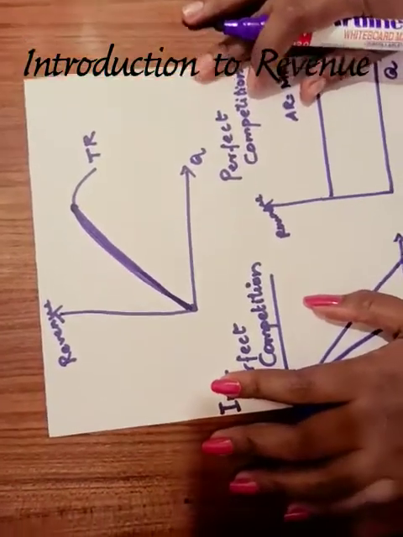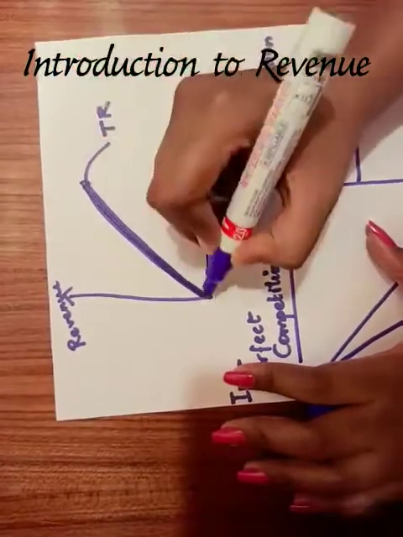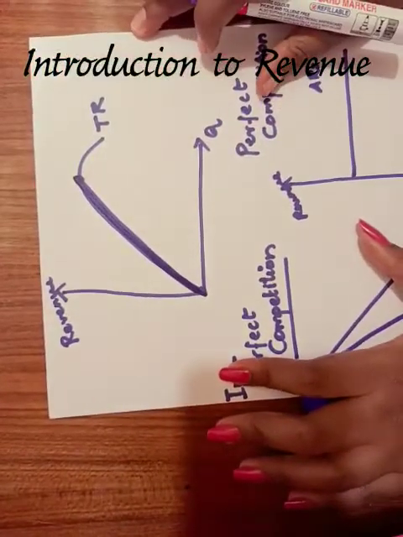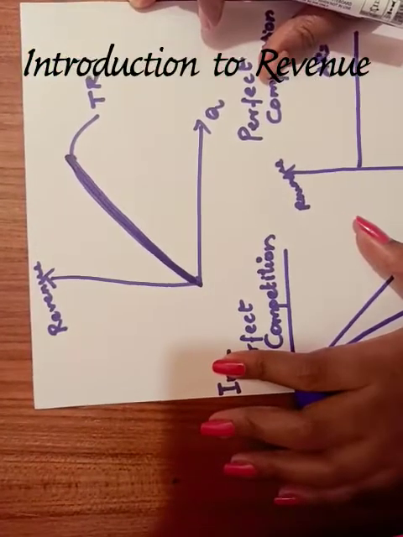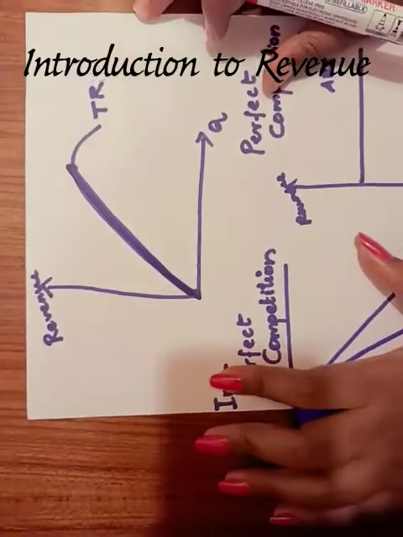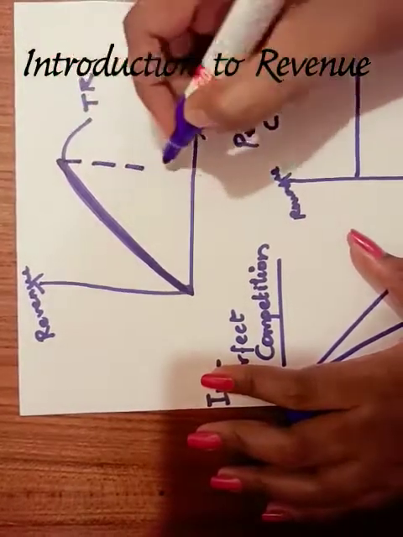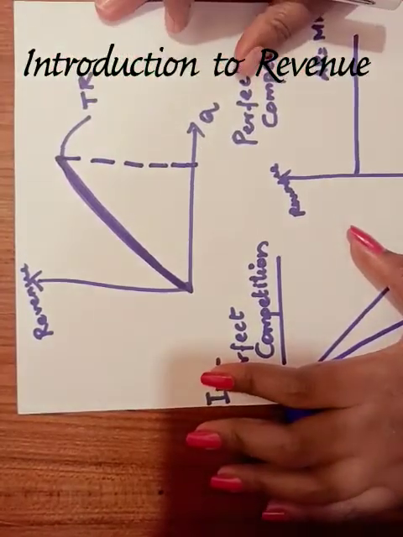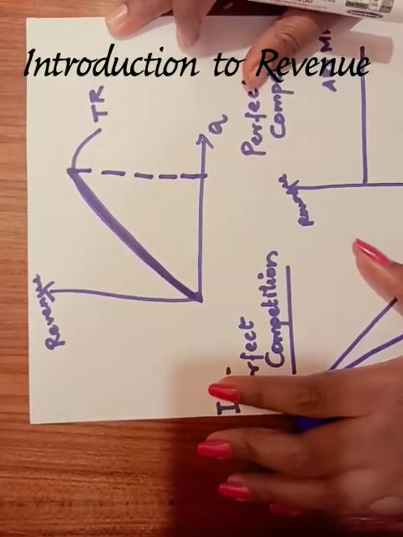The falling part of TR is not considered in the study. This is the TR of the firm. TR increases initially, reaches maximum, then starts diminishing, but here we consider only the increasing part of TR.